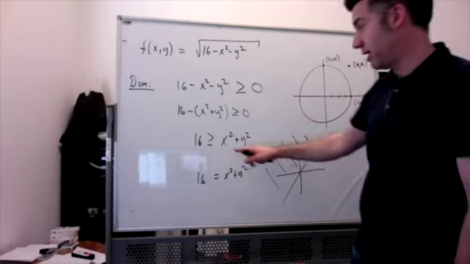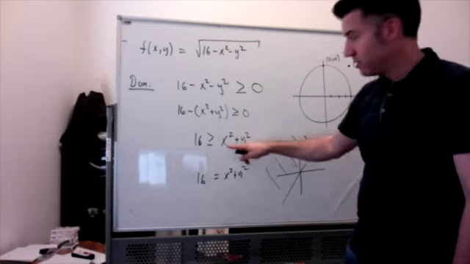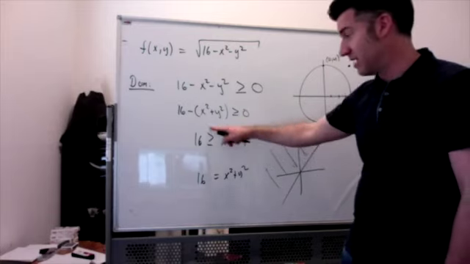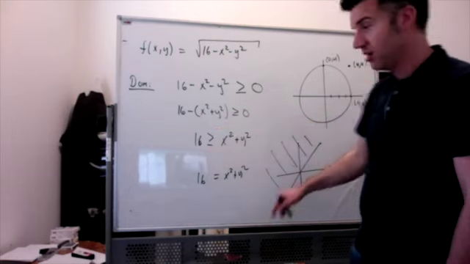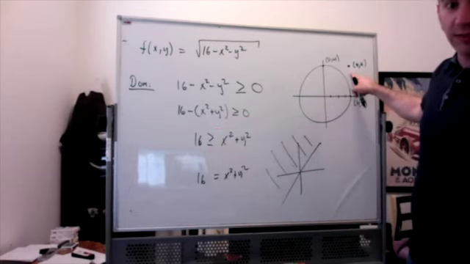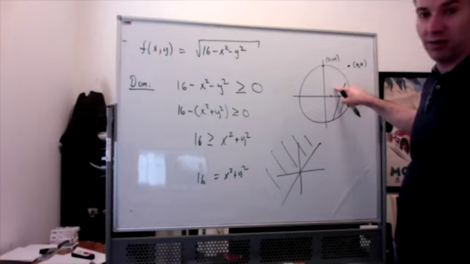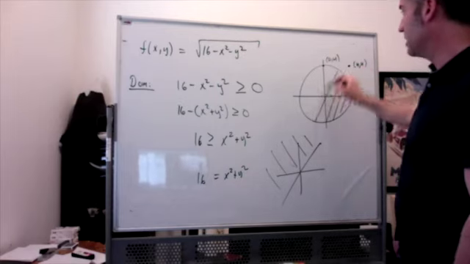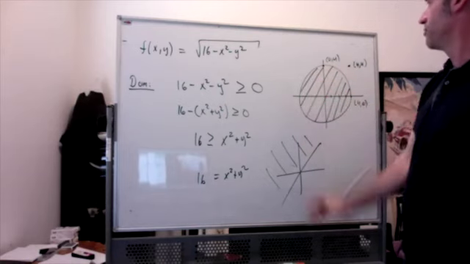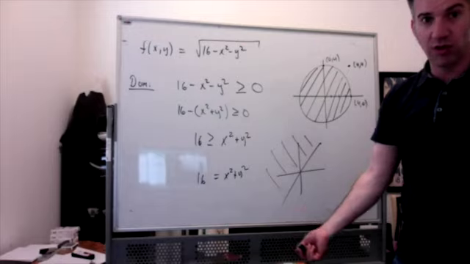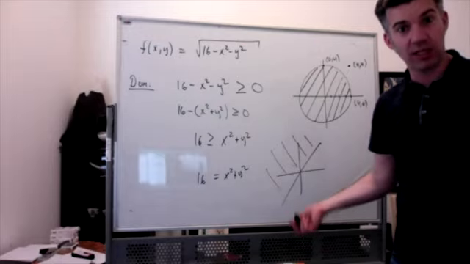So if I pick x equal to 4 and y equal to 4, 16 plus 16 is 32, and 32 is not less than or equal to 16. So that point is not in your domain, which means everything on the other side of the boundary is in the domain. So our domain here is everything inside the circle of radius 4 centered at the origin, including the boundary.